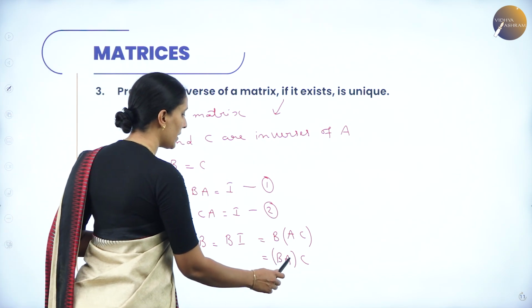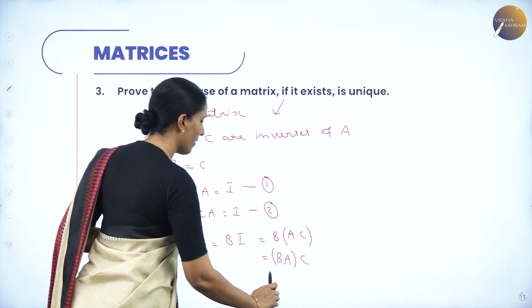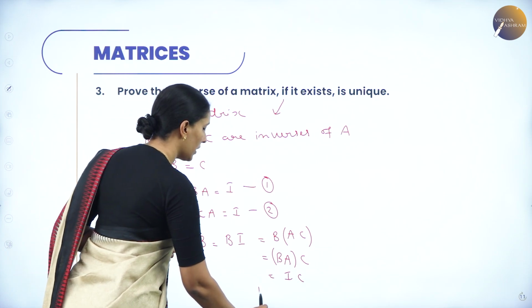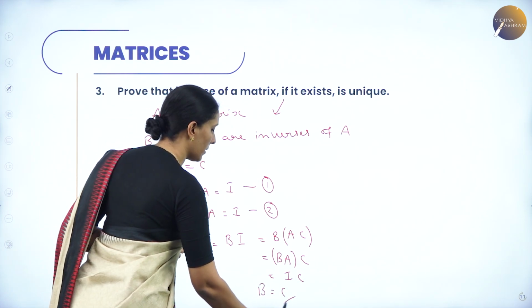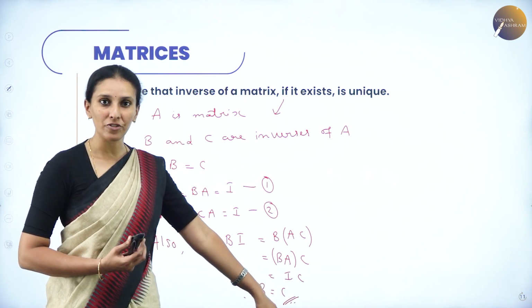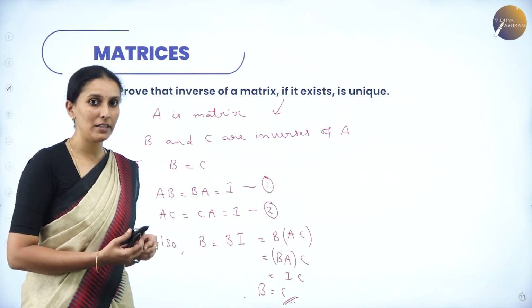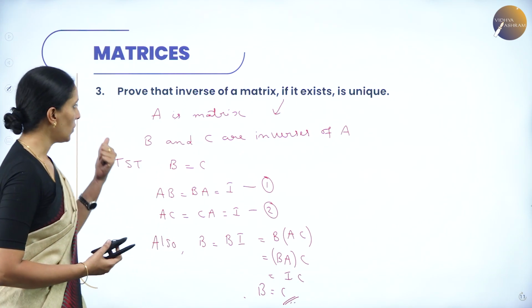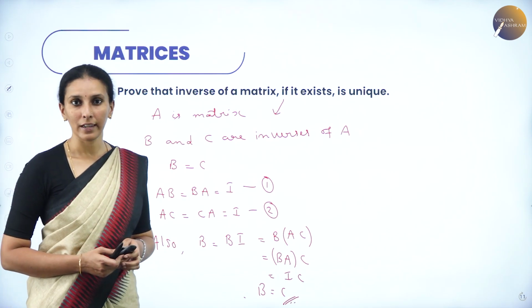So now instead of BA, using equation 1, I'll write this as I into C. Now from here, we got B is equal to C. So clearly you can see the inverses of the matrices are equal now. That means there is only one inverse for a given matrix if it exists. So this is the proof for the given theorem.